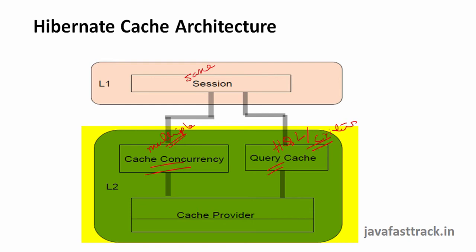If you want L2 cache, you should use separate caching libraries or separate caching providers. With L2 cache, you will get caching across multiple sessions, called cache concurrency. Also, you can cache queries. And L2 cache is available only by using third-party libraries. It is not inbuilt in Hibernate.